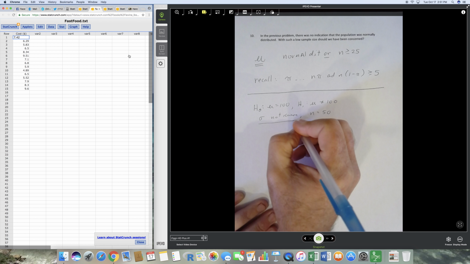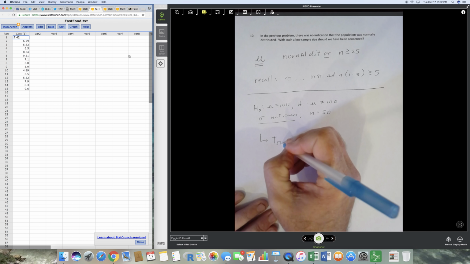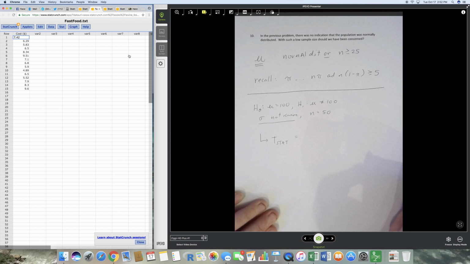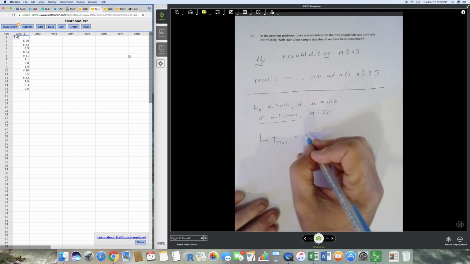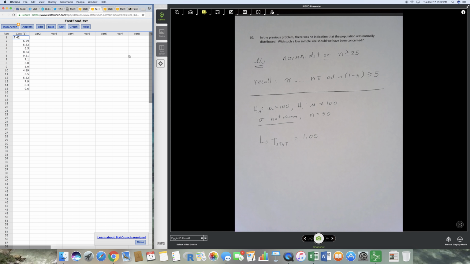So since the population standard deviation is unknown, we're going to have a test statistic that is t-stat. Okay? Now let's say that our test statistic is 1.05.